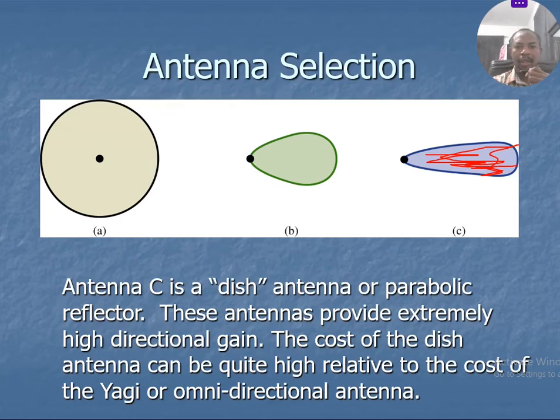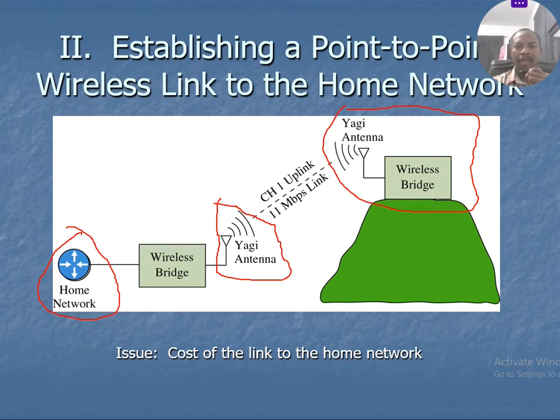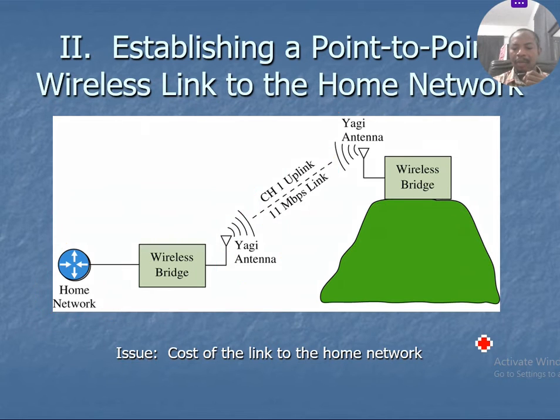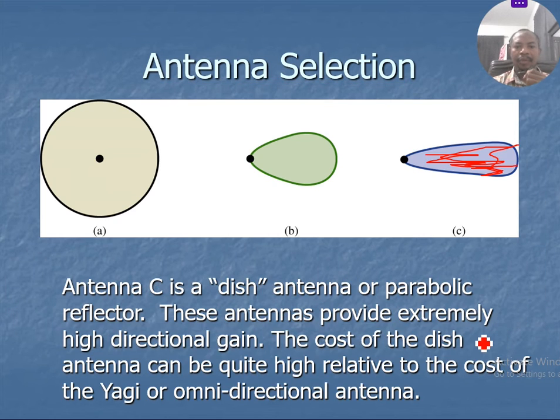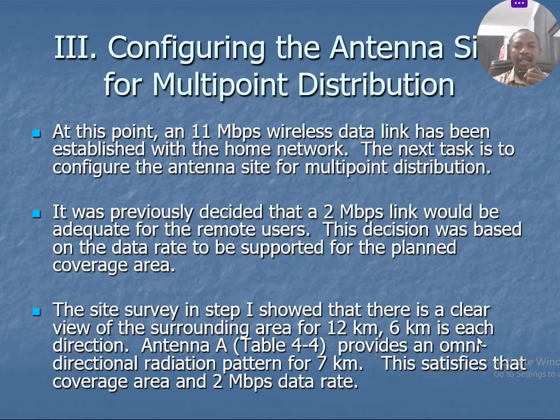Let's quickly have a look at it again. You see here we have 11 megabit per second in the uplink between this big antenna and the home antenna. Let's go back to where we are. So we have established an 11 megabit per second data speed with the home antenna network.